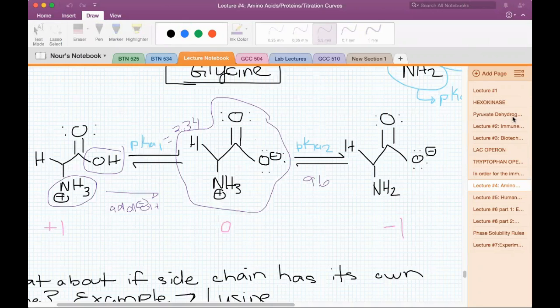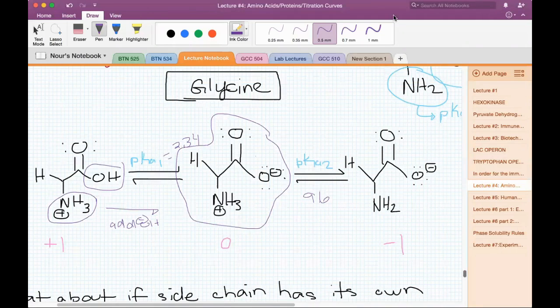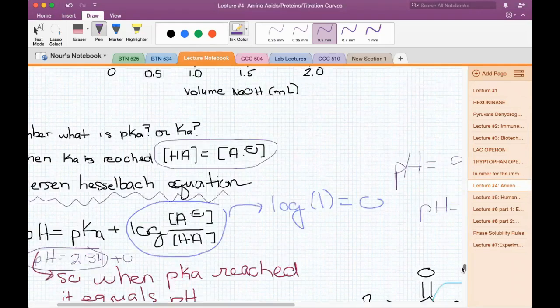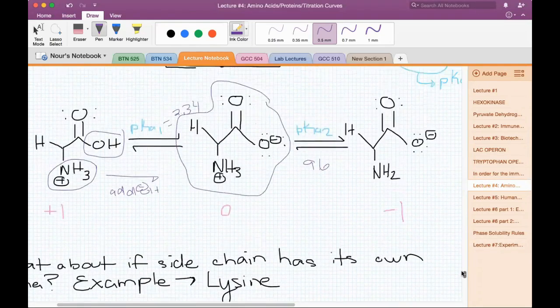Which one do you want me to repeat? Like this reaction right here? Okay. So remember in the beginning, this structure is right here in the reaction. We had added no OH, or NaOH.